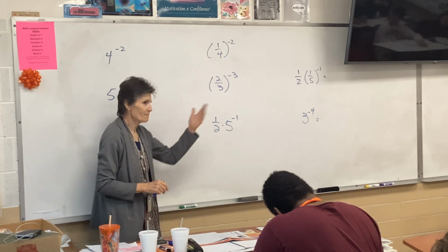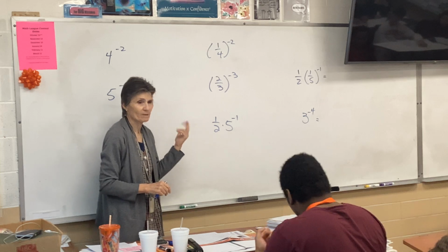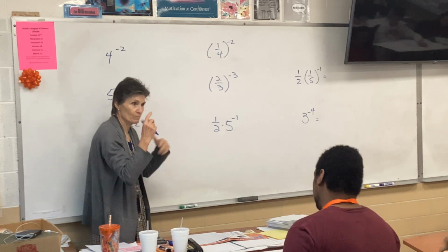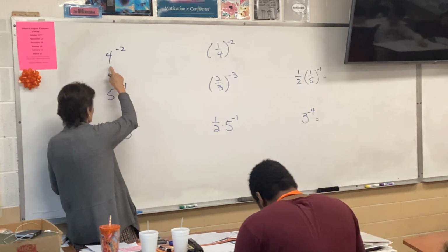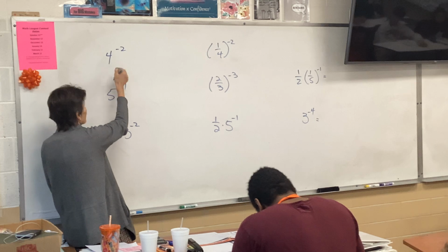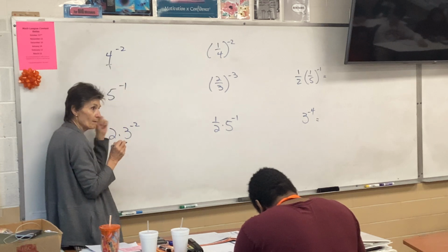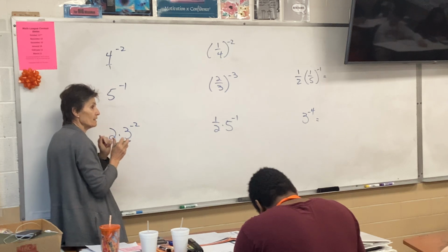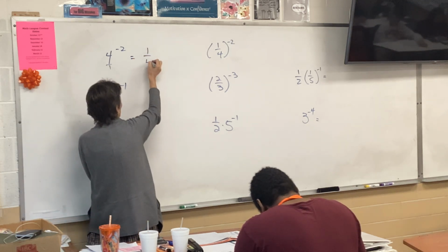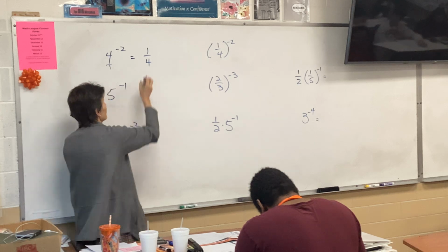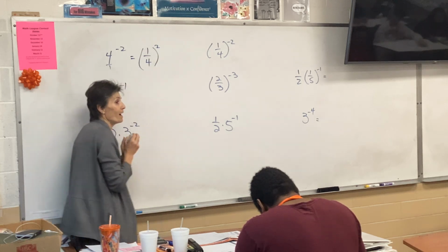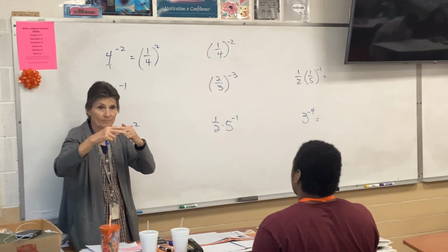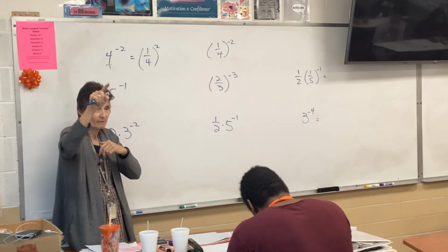We talked about yesterday. What happens when your exponent's negative? It goes to the bottom, it moves, right? So that number right there is 4 over 1. I am raising it to a negative power, so it's going to become 1 over 4, to the positive exponent. When you flip your fraction, the power then becomes positive.